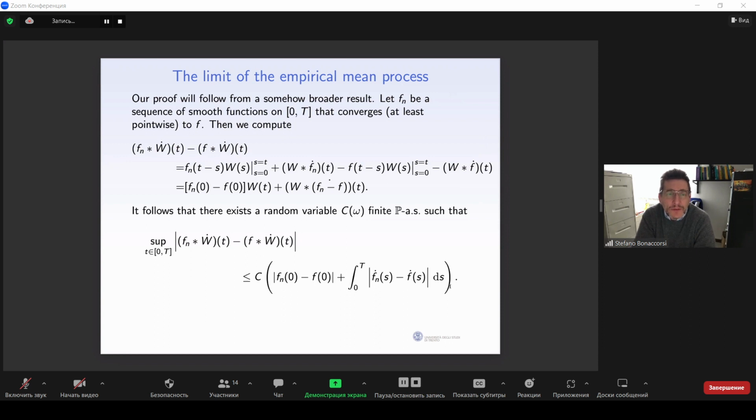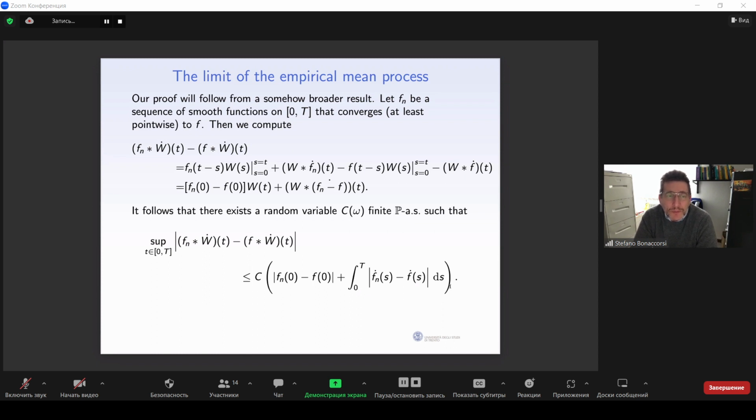So suppose that you have a sequence of functions f_n which converges to f, let's say, pointwise. Suppose that all the functions are smooth enough that you can take derivatives everywhere.